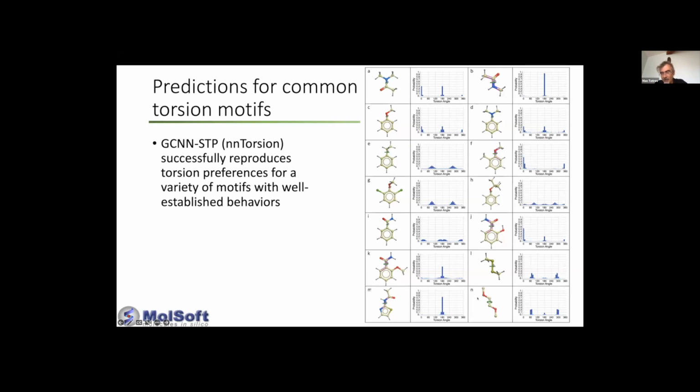For example, at the bottom, you can see an example of the so-called gauche effect: the chain that naively or intuitively you would think would prefer being in trans conformation is actually preferring gauche, and that's again captured by the model. This is an interesting effect where oxygen and sulfur actually attract each other at certain angles of approach, which is again counterintuitive.